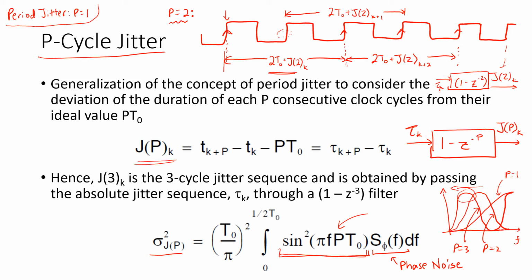This fact has been observed by some and recognized as a way to essentially measure the absolute jitter and its phase noise even at low frequency by combining a number of P-cycle jitter measurements for different values of P. Each different measurement for a different value of P gives you information about a different part of the phase noise spectrum.